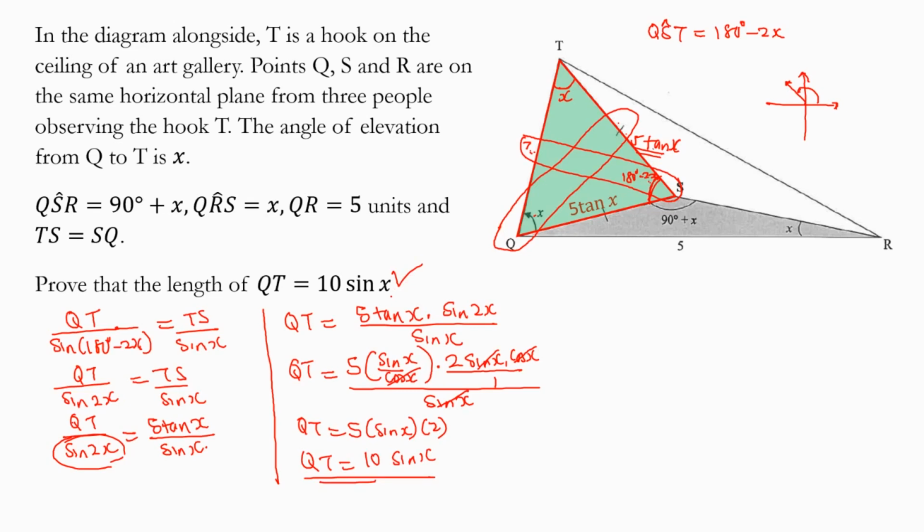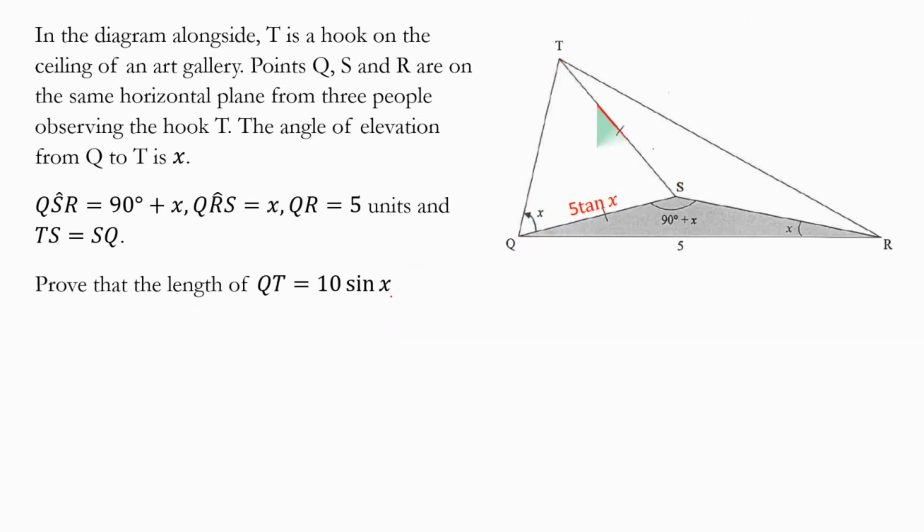So in the next method, I want us to use the cosine rule. Let's try to do that. We have discussed the information, and we have agreed that this angle here is 180 degrees minus 2x, and this is 5 tan x. We want QT here, so we can use the cosine rule.